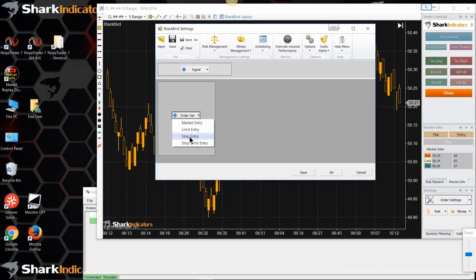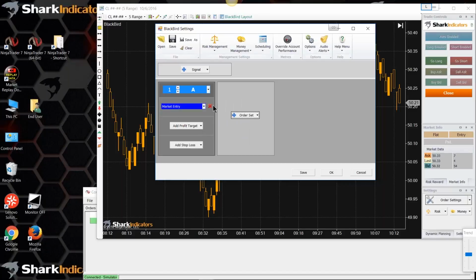However, it's only on one side of the market, right? So a stop entry is similar to a market if touched, right? But the NinjaTrader 7 does not have limit market if touched orders, right? So, all right. So I'll just go with the market order for now.